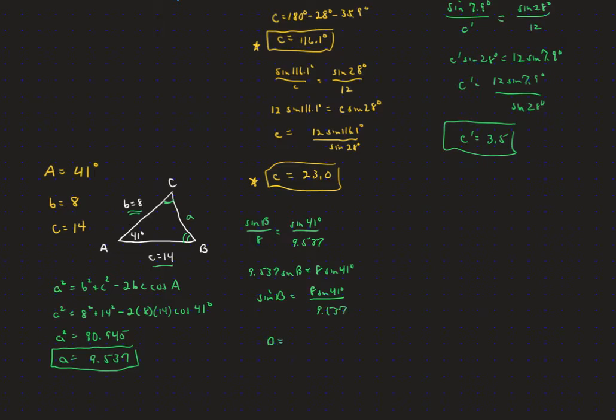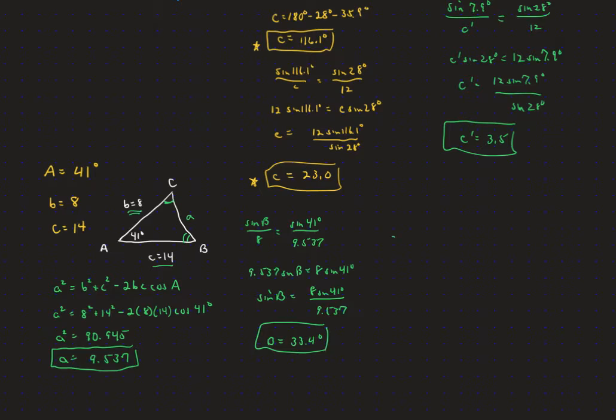So I'm going to take the inverse sine of 8 times sine of 41 divided by 9.537, and that is 33.4 degrees.